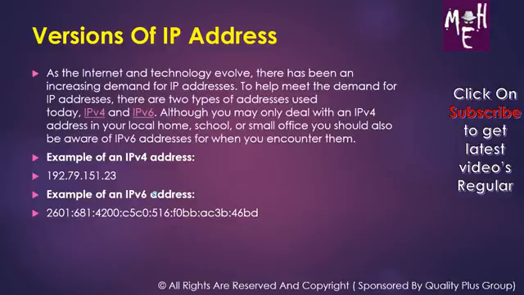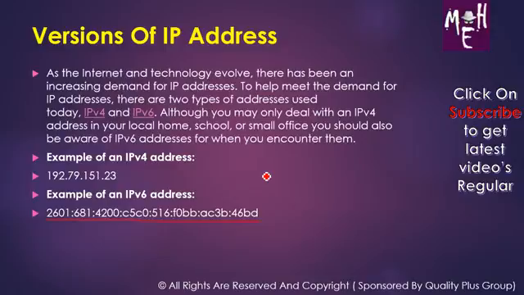In the example you can see an IP version 6 example that is showing. So friends, here you can see the version 6 IP address. IPv4 contains 32 bits, while IPv6 contains 128 bits.